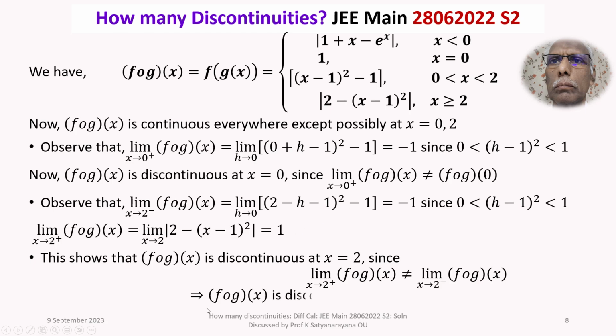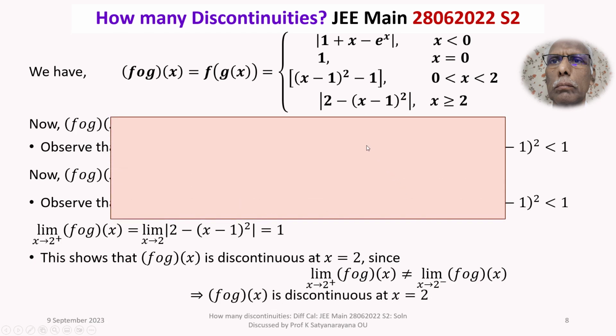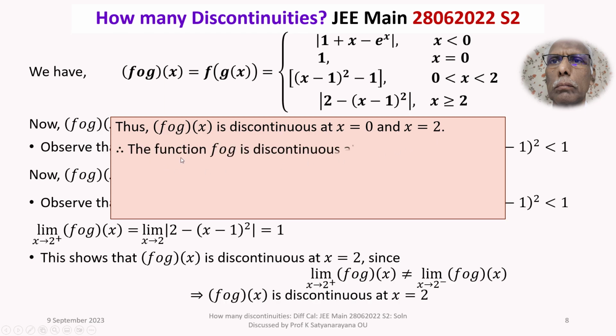Let us summarize now. Thus, f composed g of x is discontinuous at x equal to 0 and x equal to 2. At the remaining points, f composed g is continuous because it is involving all continuous functions. Agreed. The function f composed g is discontinuous at exactly 2 points.